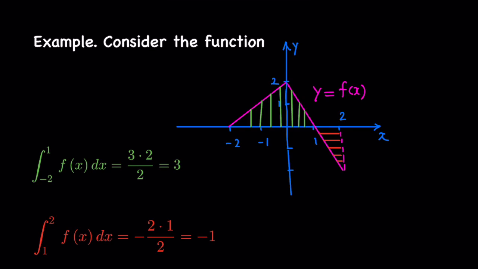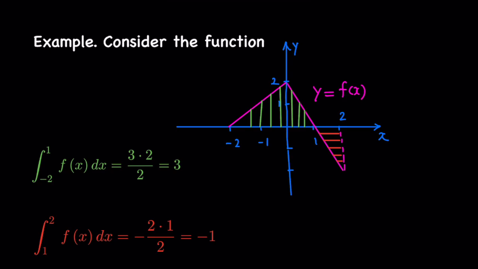Again, what I see here is a triangle. The length of this side is 1 and the height is 2. So the area of this triangle is going to be 1 times 2 divided by 2, using the area formula for a triangle.